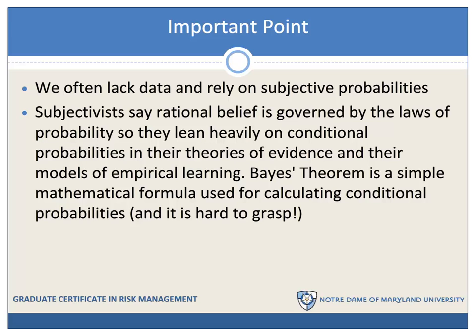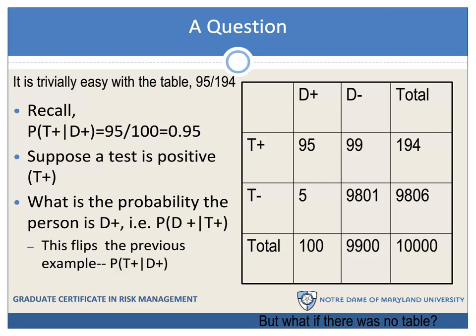Bayes' theorem is a simple mathematical formula that's used for calculating conditional probabilities. And I might add, parenthetically, that many people find its power and its beauty hard to grasp. So if you are one of these people, there's nothing at all wrong with you. This is just not intuitive information. To work our way up to Bayes' theorem, let me pose a question.